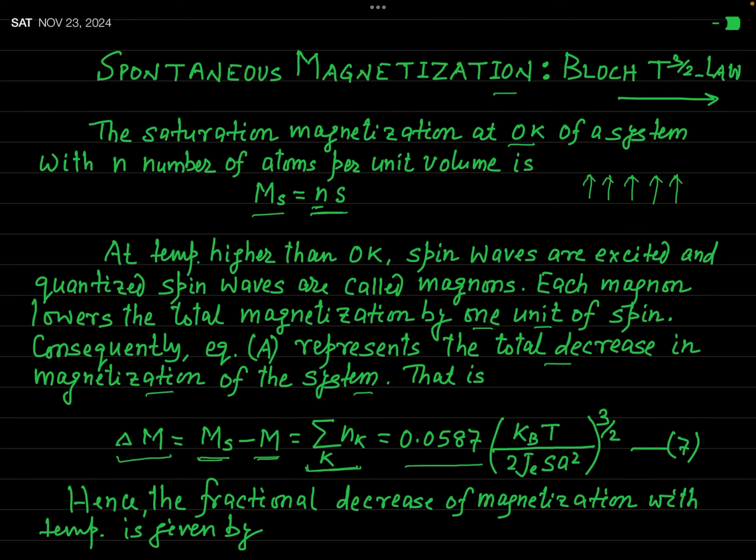Now, as we know the decrease in magnetization, if you divide this decrement by its original value, you will get the fractional decrease.